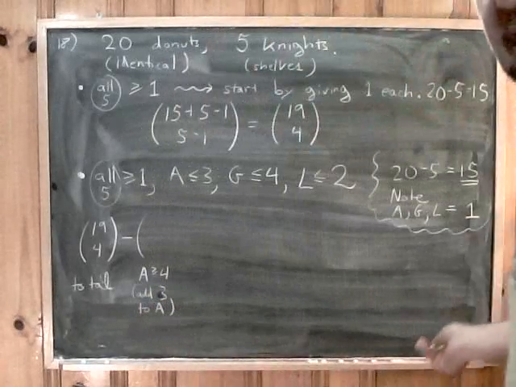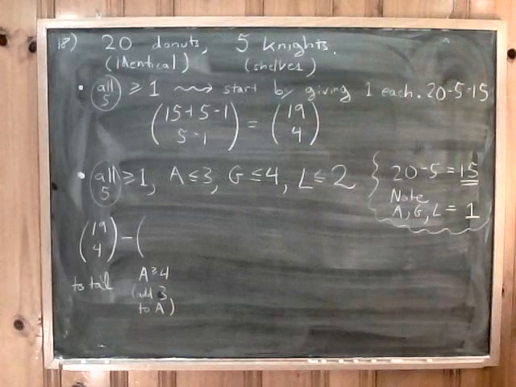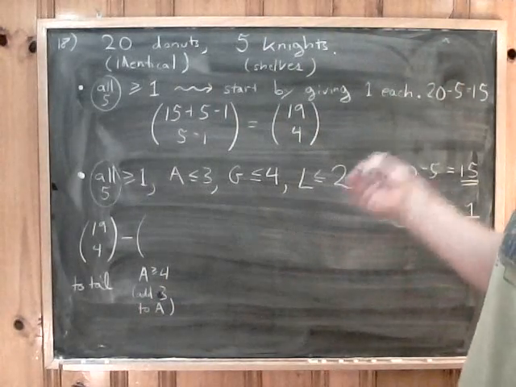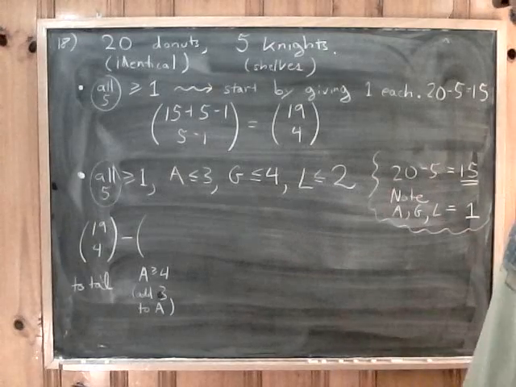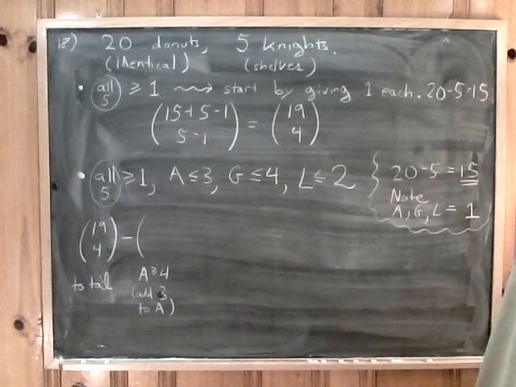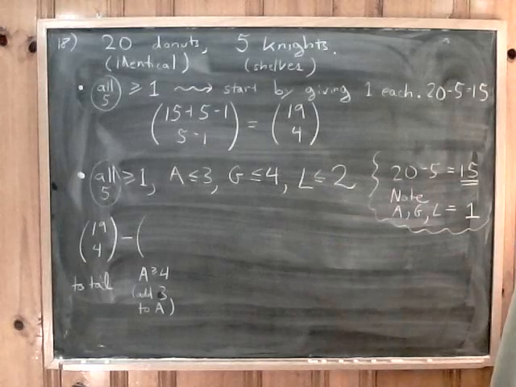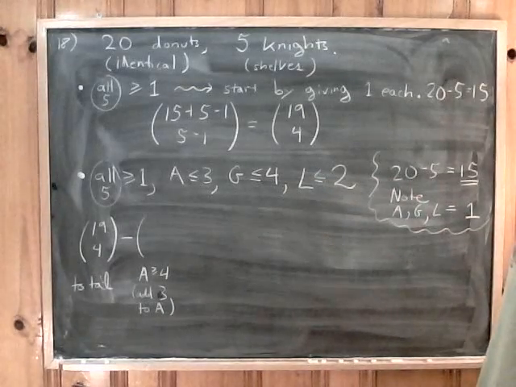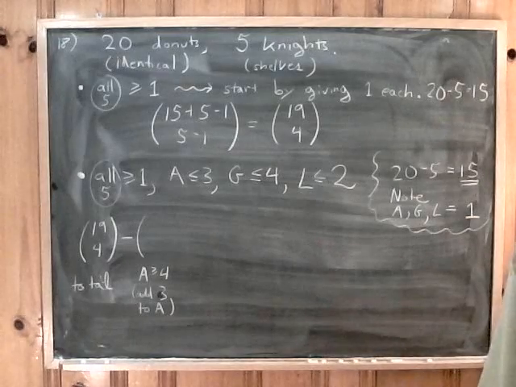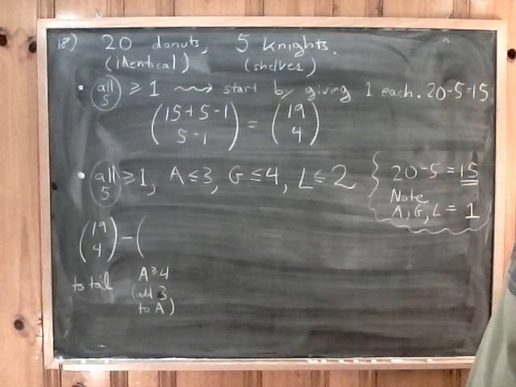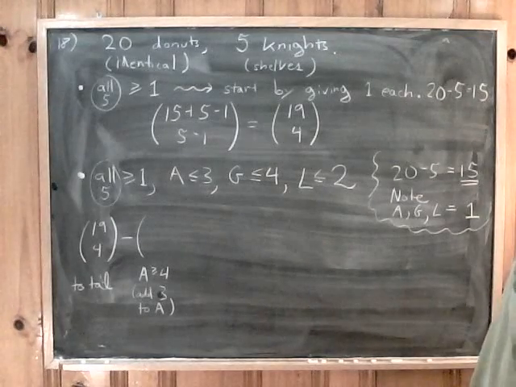Since A was already 1, adding 3 is what would break that rule. So you add 3 more to A, and then you can distribute the rest of them any way you want. Remember, this is finding all the ways that break the rule A less than or equal to 3. So if I add 3 to A, I had 15 to start with, so now I'll have just 12 left to distribute.